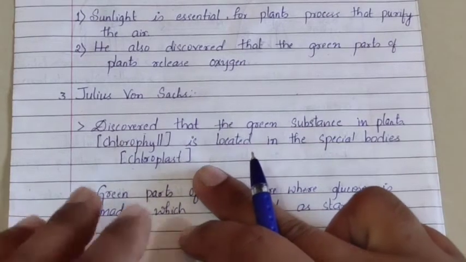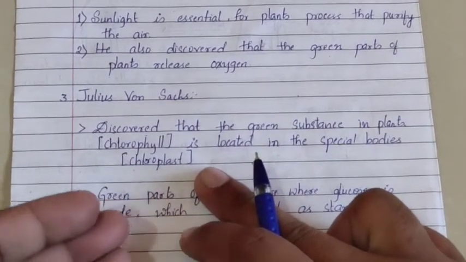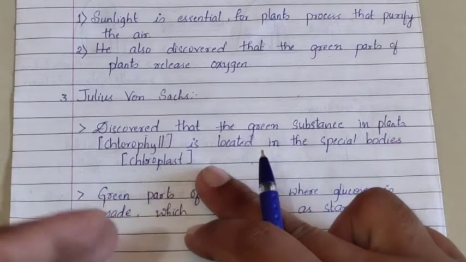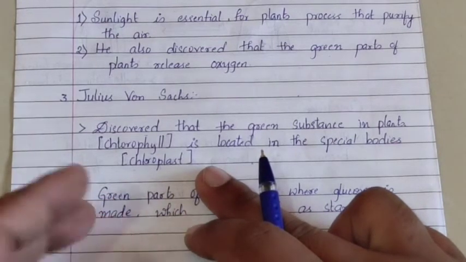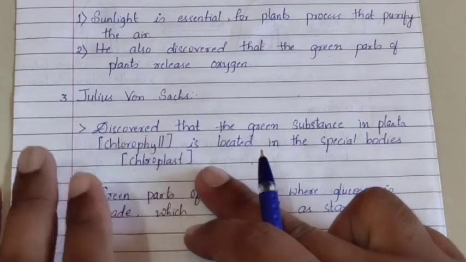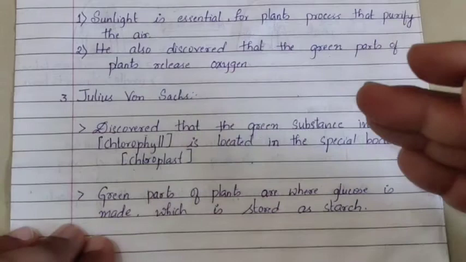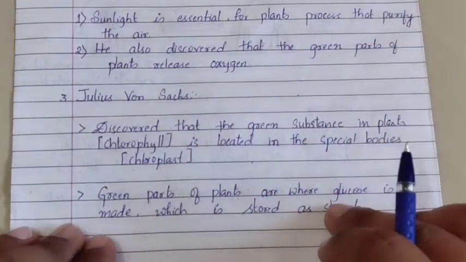These chloroplasts are nothing but cell organelles which are found in plants and in some bacteria as well as algae, and chloroplast is absent in animals, right? We already studied that in the cell chapter.